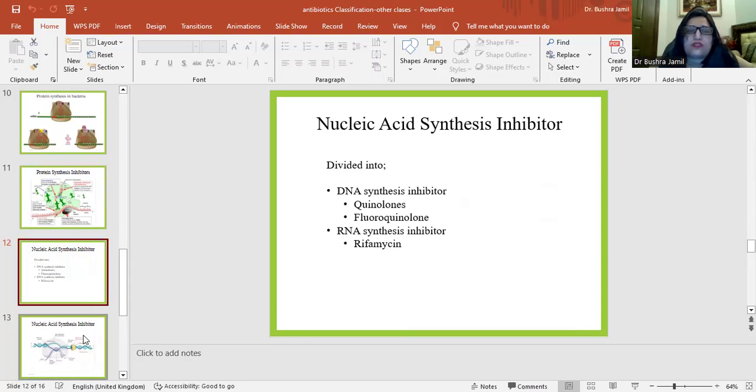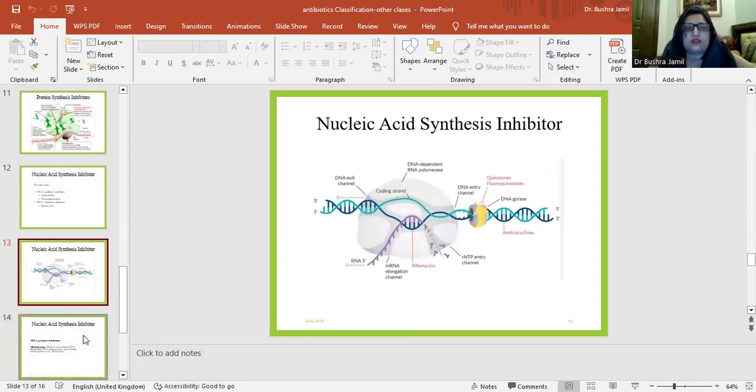Basically, the first step during DNA replication or transcription is that DNA is very much supercoiled. When DNA has to replicate itself, or when the DNA is subjected to transcription, first it has to unwind, to loosen the sequence of DNA.